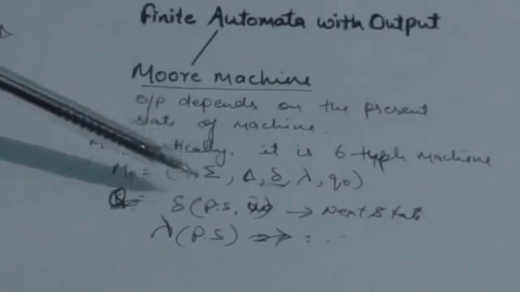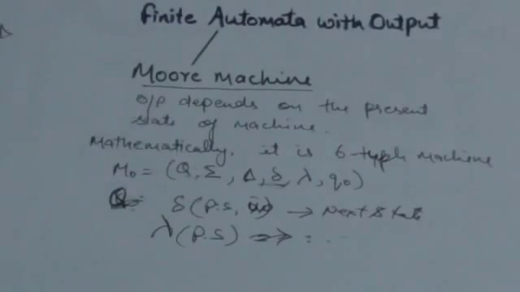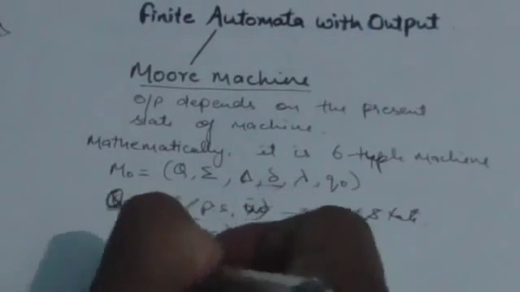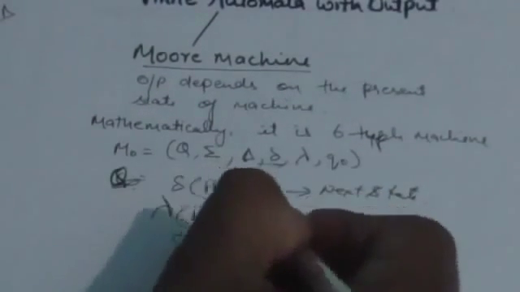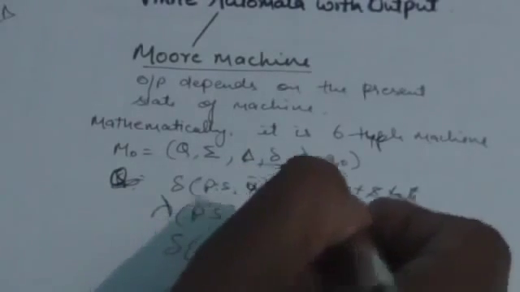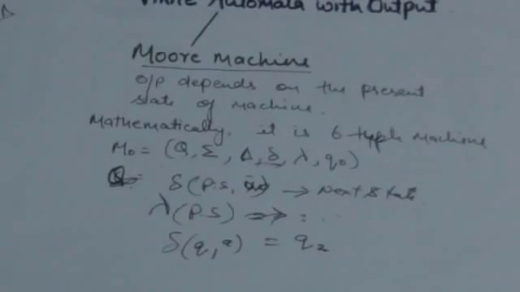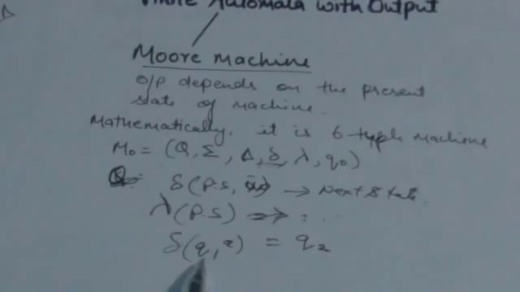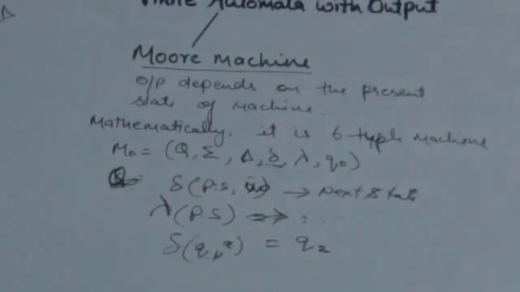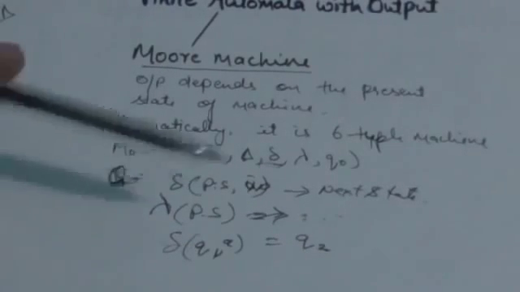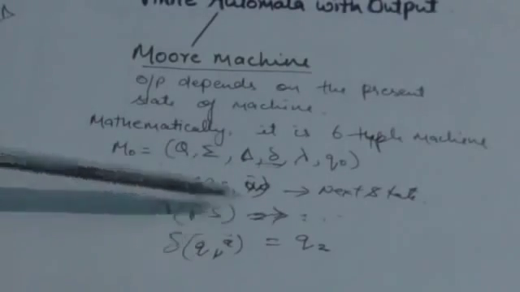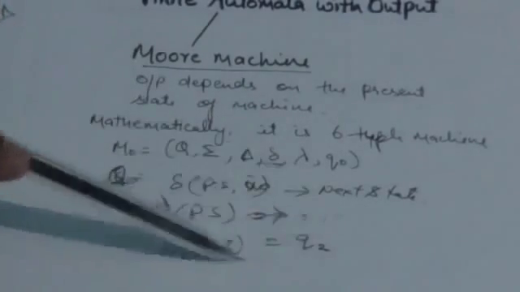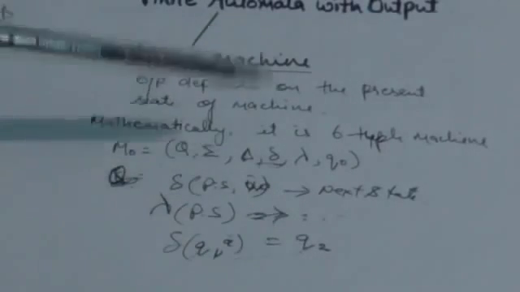Suppose the machine is in a particular state Q1 and it reads an input symbol A and jumps to state Q2. Then mathematically it is represented like this: delta of Q1, A. Here it will take two arguments, first the present state and the input symbol it reads, and its output would be the next state Q2.